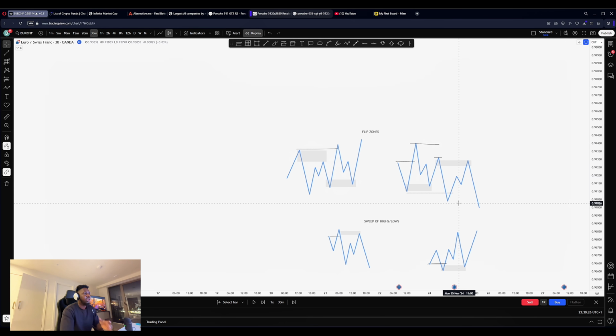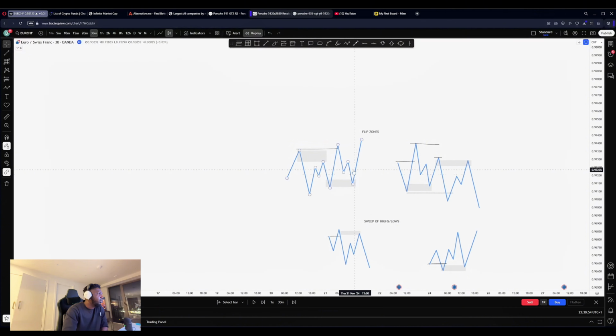A flip zone is like every other trade that you take. For you to know a valid flip zone, I already said a flip zone is a failed demand or supply, and for you to say there's a clear reaction from a demand or supply, it means before the demand or supply was tapped into, we have liquidity.